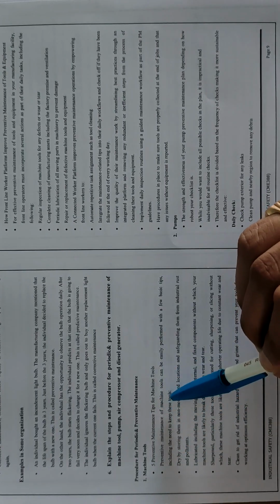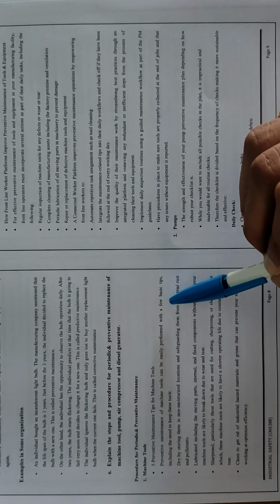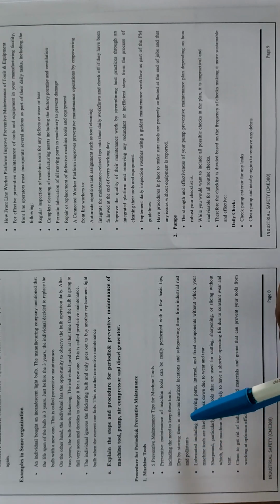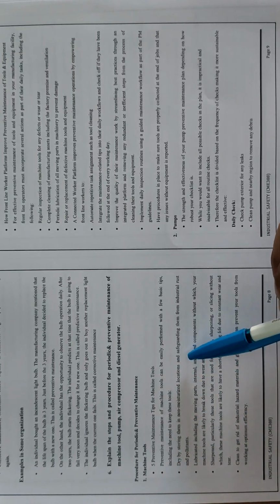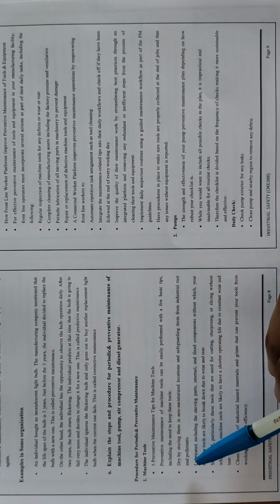Preventive maintenance for machine tools can be easily performed with a few basic tips. Keep these tools dry by storing them in non-moisturized locations and safeguard them from industrial dust and pollutants.